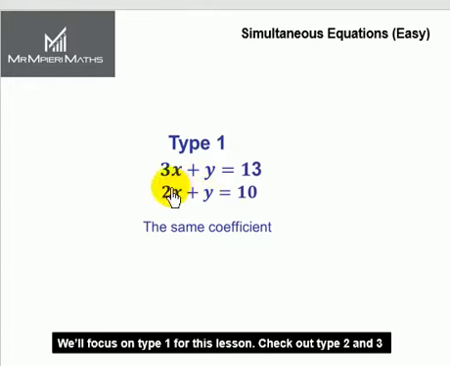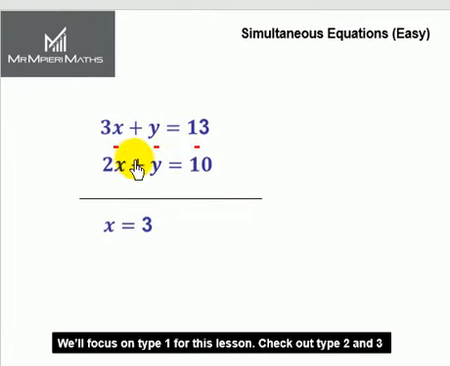We do that by minusing, because y minus y will vanish, but we do that all through. So we put the minus all through. 3x minus 2x gives you 1x or x, and then y minus y is gone, and 13 minus 10 gives you 3. So here x is 3.